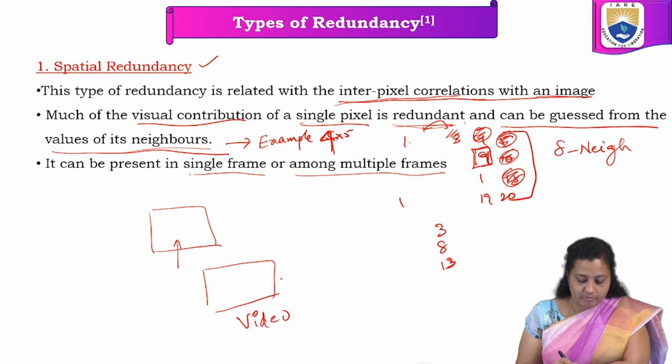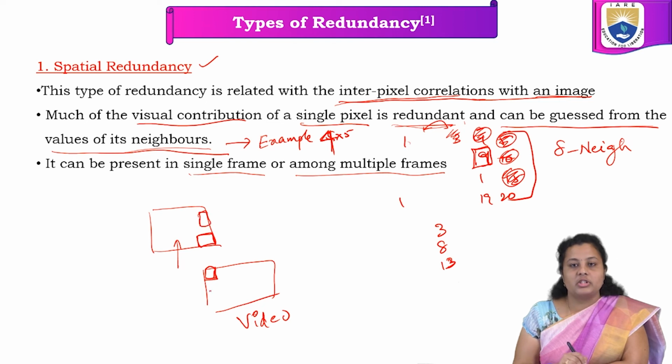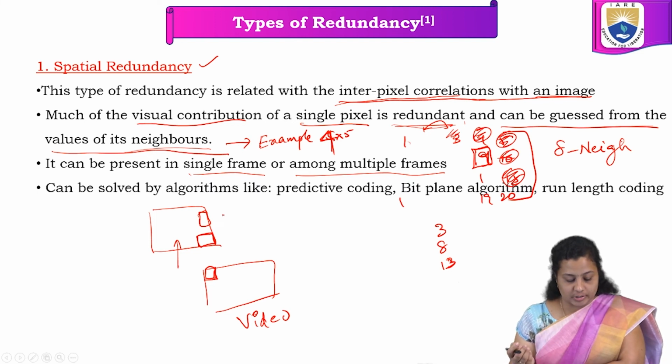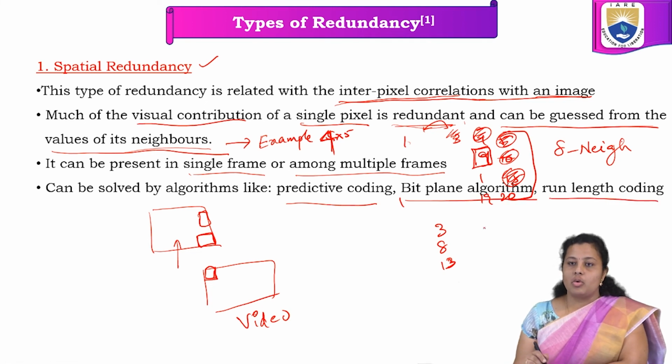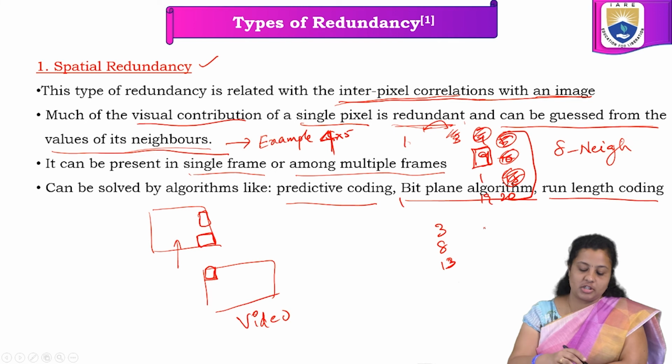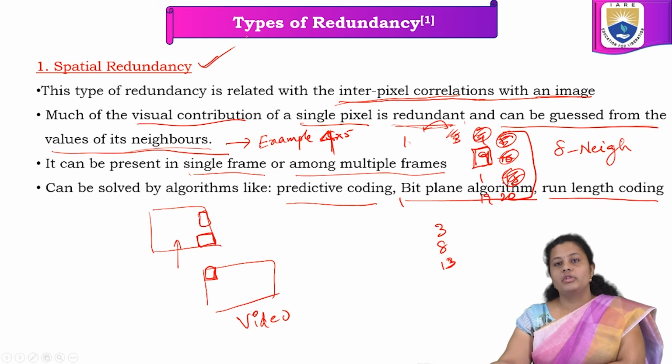In video we have multiple planes of the image, so a pixel might be a neighbor for this pixel as well as another pixel in another frame, so the same information is conveyed at multiple frames also. We call it spatial redundancy. It can be reduced using predictive coding, bit plane coding, and run length coding. All these coding techniques we will see further.